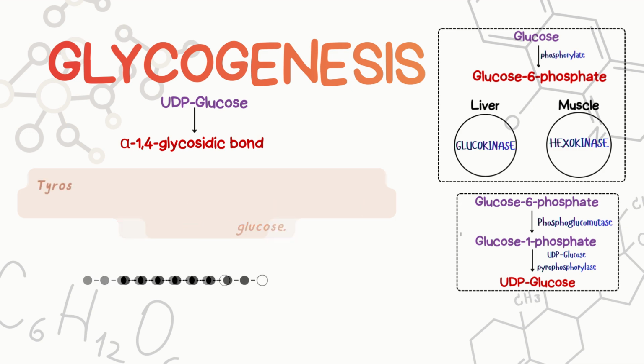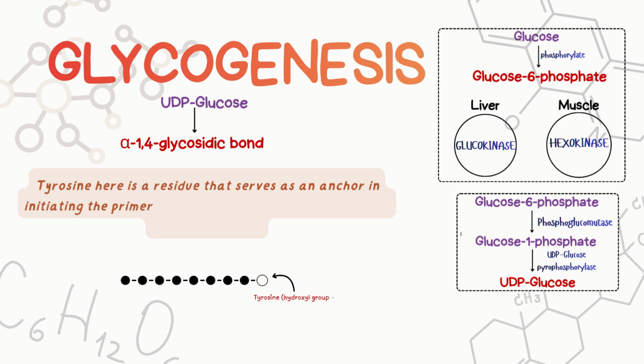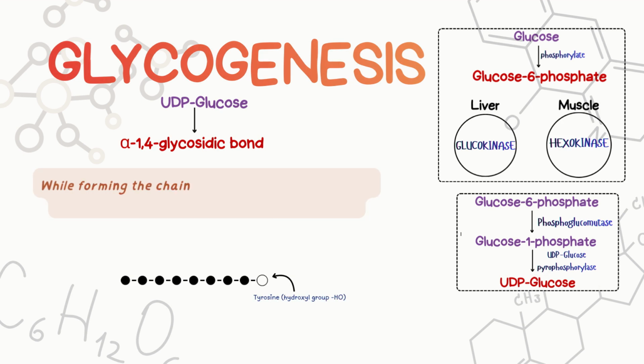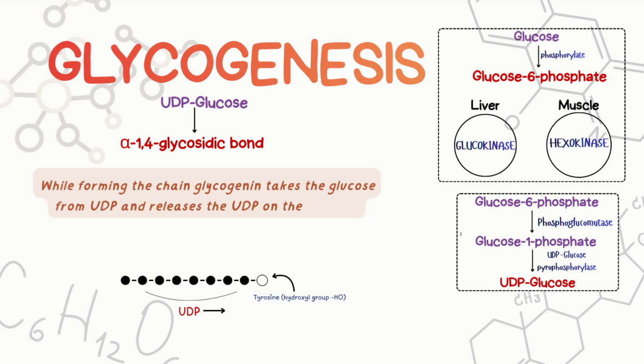Tyrosine here is a residue that serves as an anchor in initiating the primer chain for making glycogen. It acts as an acceptor of the first glucose molecule. While forming this base chain, glycogenin takes the glucose from UDP glucose and releases the UDP in the process.